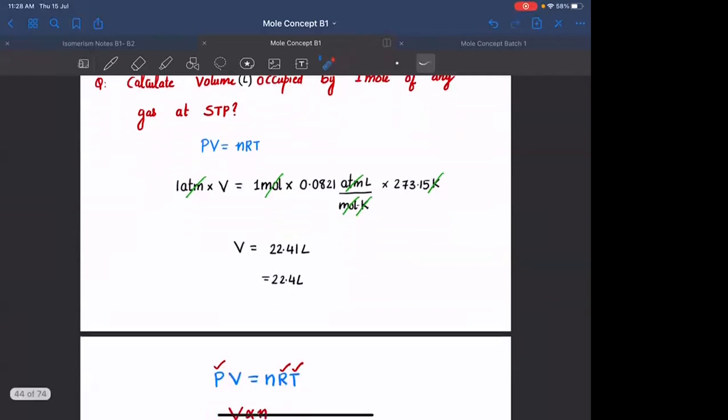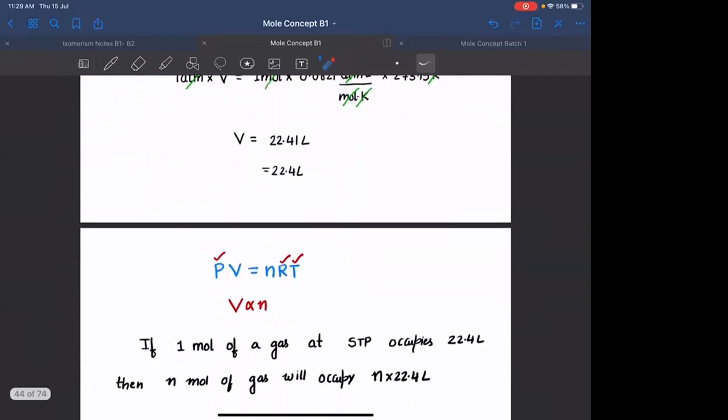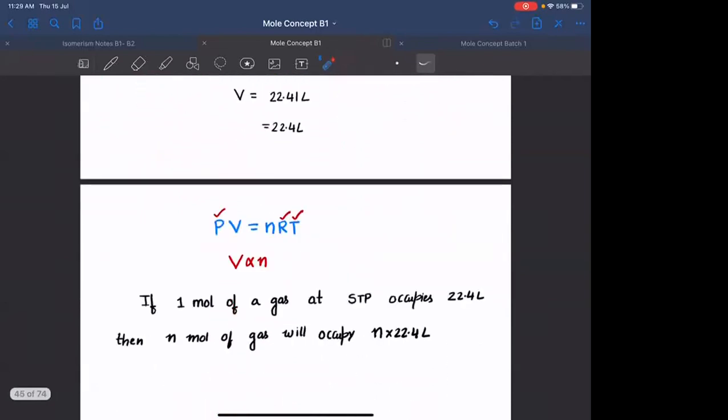Now, in the equation PV equals nRT, if pressure is constant, meaning I'm maintaining the pressure constant at 1 atmosphere, and the temperature is constant, that is I'm maintaining it at 273.15 Kelvin, that is 0 degrees, and R is already a constant, the universal gas constant, can I say volume is directly proportional to moles?